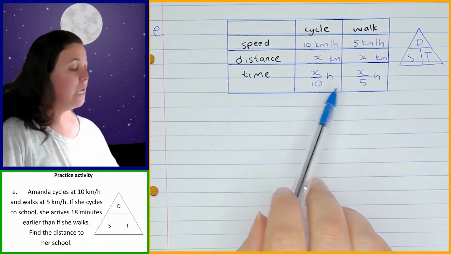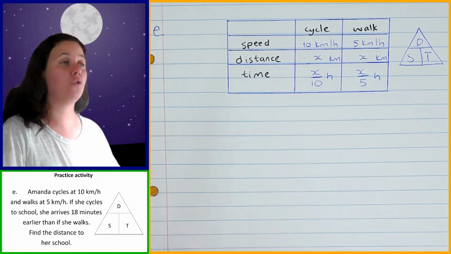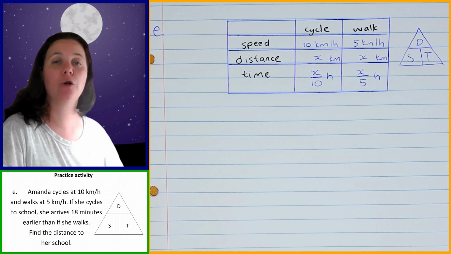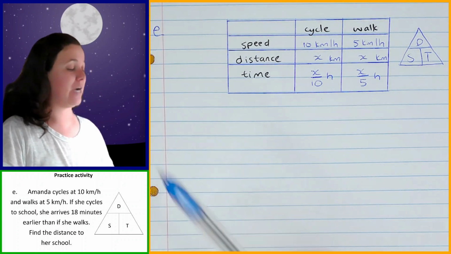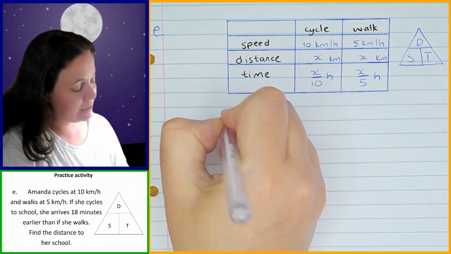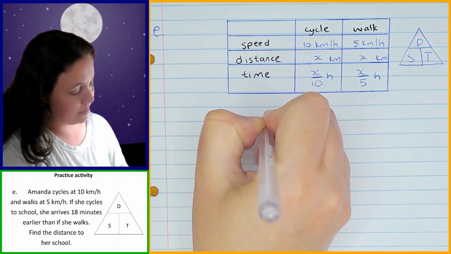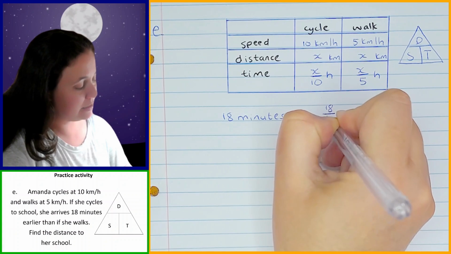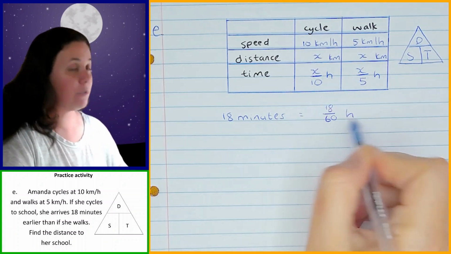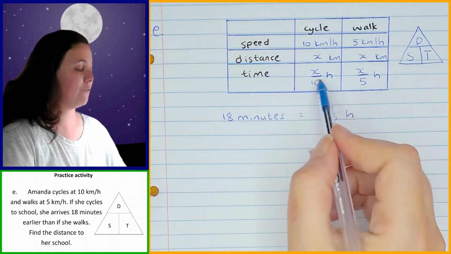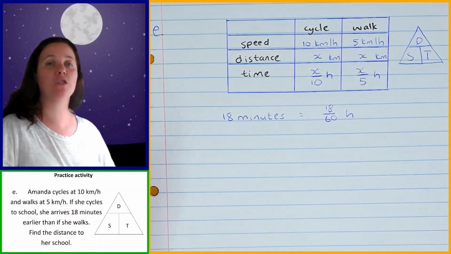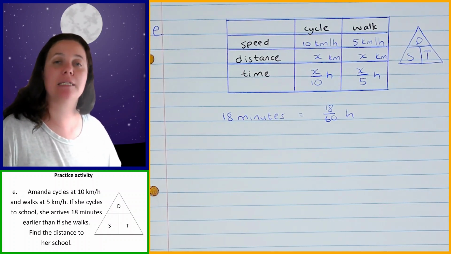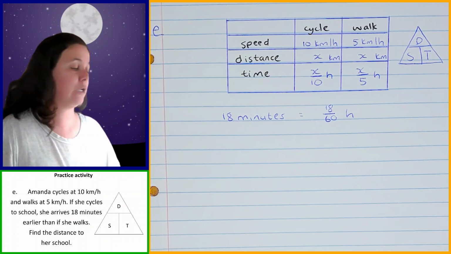So now I need to convert my 18 minutes into hours. How do we convert from minutes to hours? We divide by 60. So 18 minutes is the same as 18 over 60 hours. I'm going to keep it as a fraction because I've got fractions here anyway. I'll put it all together as fractions in my equation, and then I'll eliminate the denominators like we've learned how to do when we're doing equations with fractions.